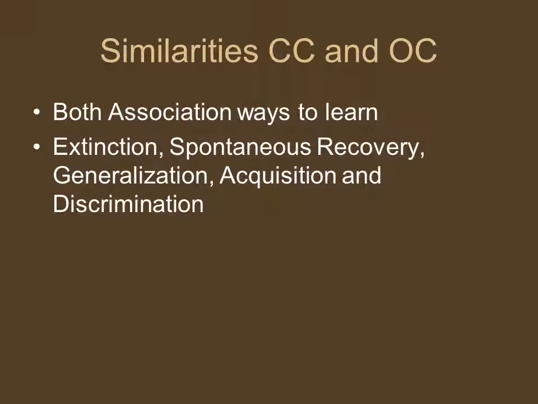Here again are the similarities for classical and operant conditioning. Both are associative ways of learning, and both share the vocabulary which you should be confident in now: extinction, spontaneous recovery, generalization, acquisition, and discrimination.